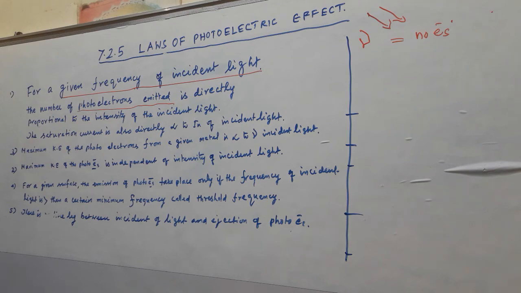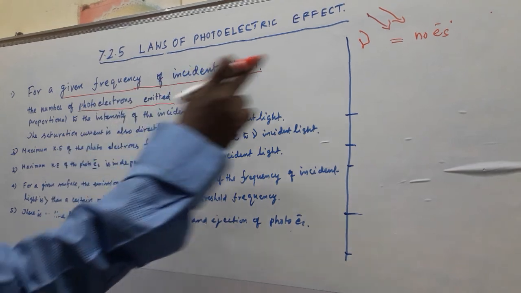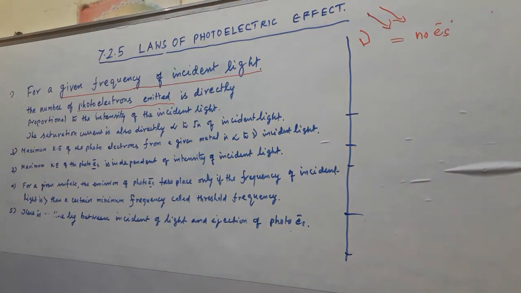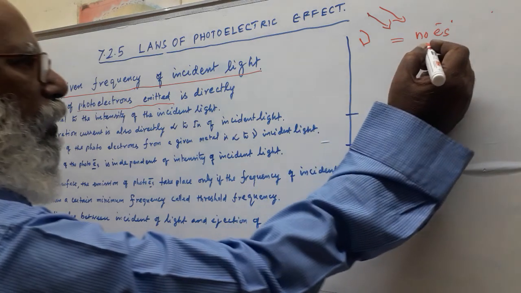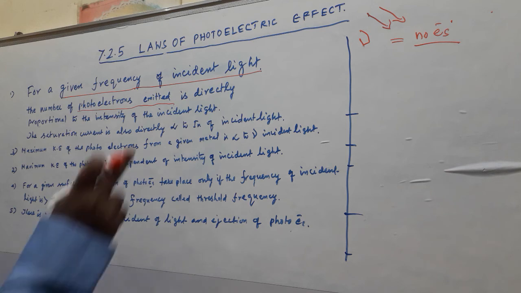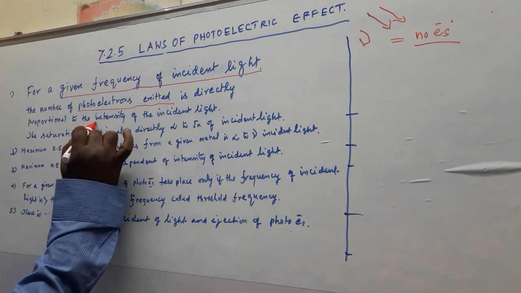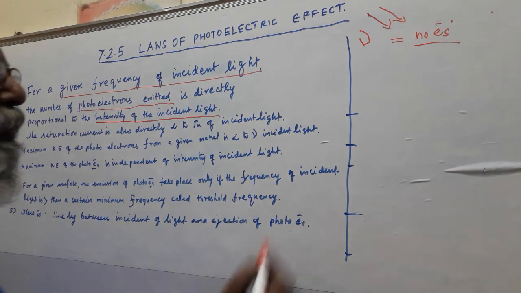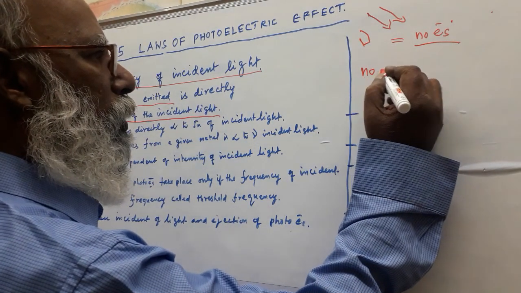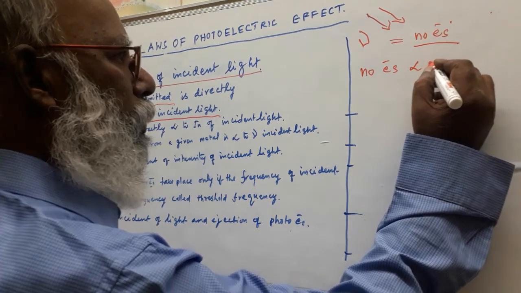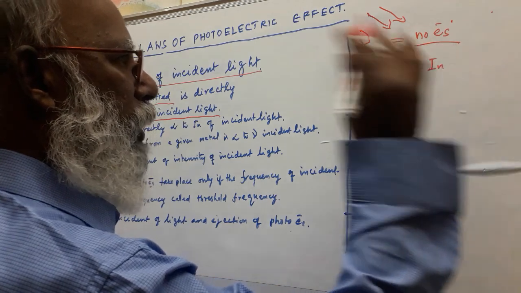That is the law. Once again I repeat, for a given frequency of incident light, the number of electrons emitted is directly proportional to the intensity of the incident light.